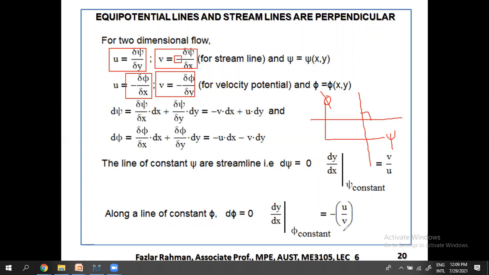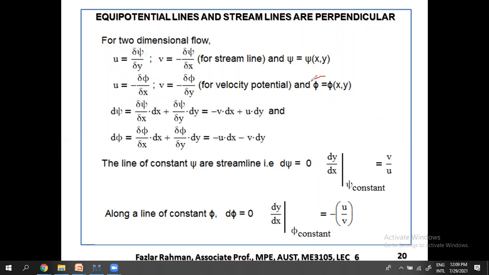Now you see this one, we can take the derivative of phi. So d phi will be del phi by del x into dx plus del phi by del y into dy. Because del phi by del x equals minus u, so minus u into dx, and del phi by del y equals minus v.